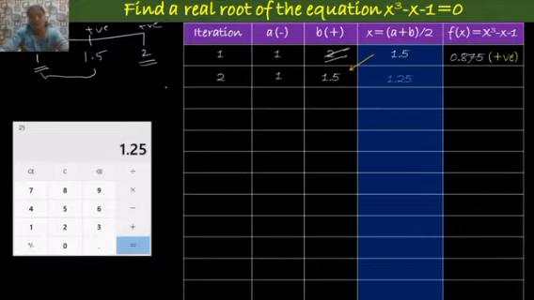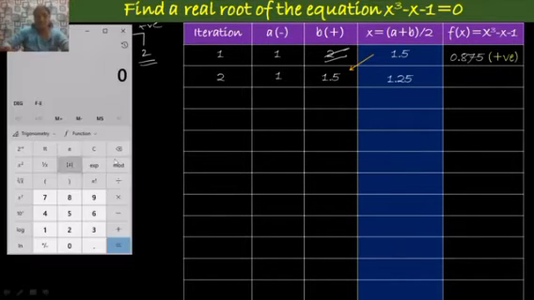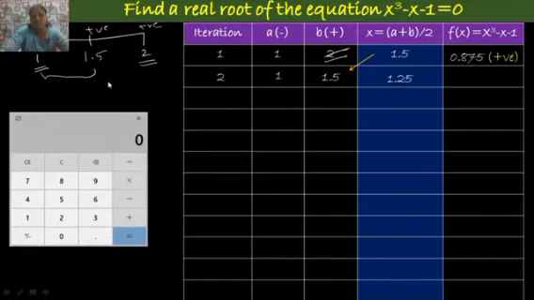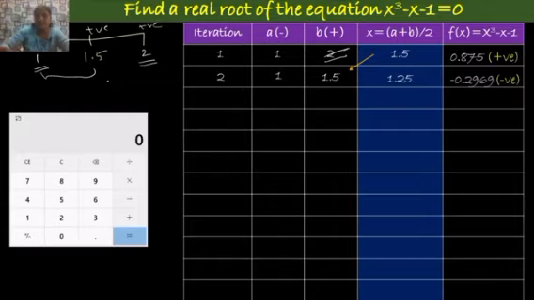At this point the value of the function f of x is 1.25 the whole cube minus 1.25 minus 1, which equals minus 0.2968. We can take up to 3 or 4 decimal places as we like, so minus 0.2969. So bisecting the interval 1 and 1.5, you get the value 1.25.